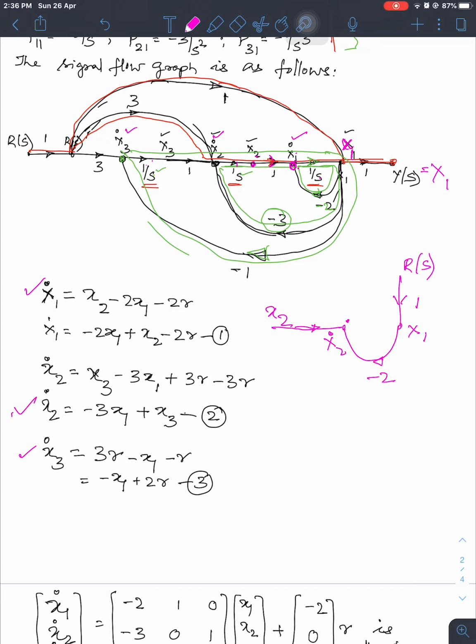Alright. So we have these two, and there is another signal.